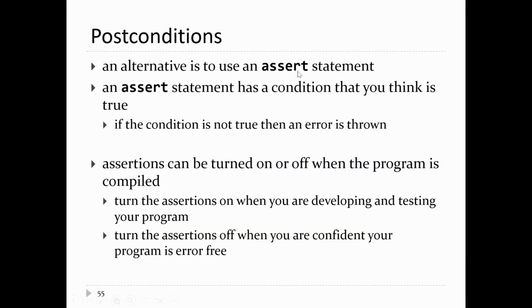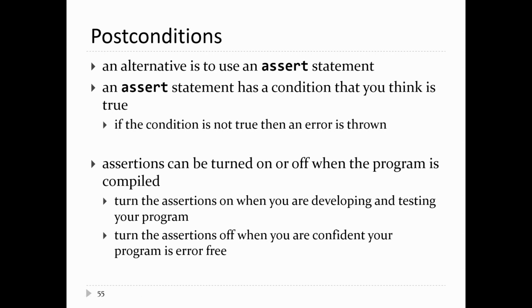Instead, there's this facility called assert in the language. Assert is a statement that has a condition that you think is true. If the condition is not true, then an error is thrown. The nice thing about assertions is you can turn them on and off. You can tell the compiler to ignore all assertions, or you can tell the compiler to enforce all assertions.